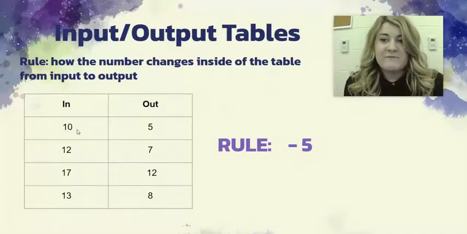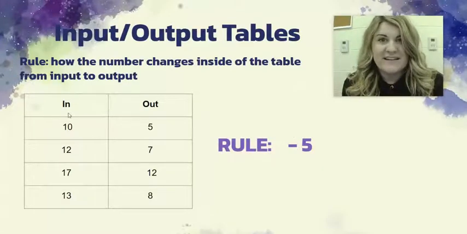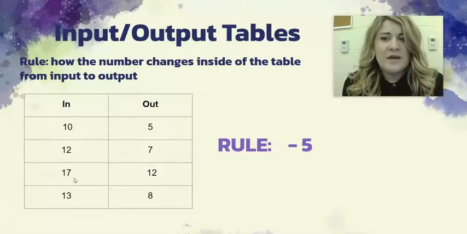We are trying to fill in the missing information, and if the missing information is the in, then you have to do the rule backwards to find it, okay? If your missing information is the out, you just do the normal rule because it's going through the machine like normal. But if you're missing the in and you have the out, you're going backwards through the machine, which means you have to do the rule backwards. And the rule backwards of minus 5 would be plus 5, so that's how I got 10.